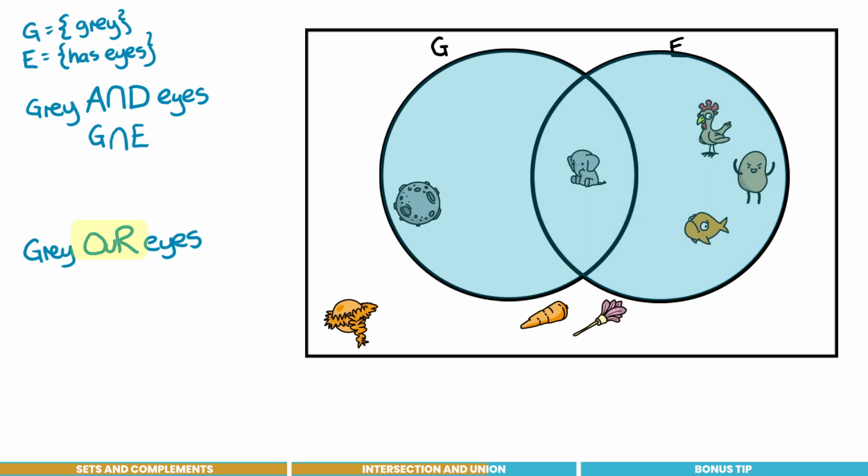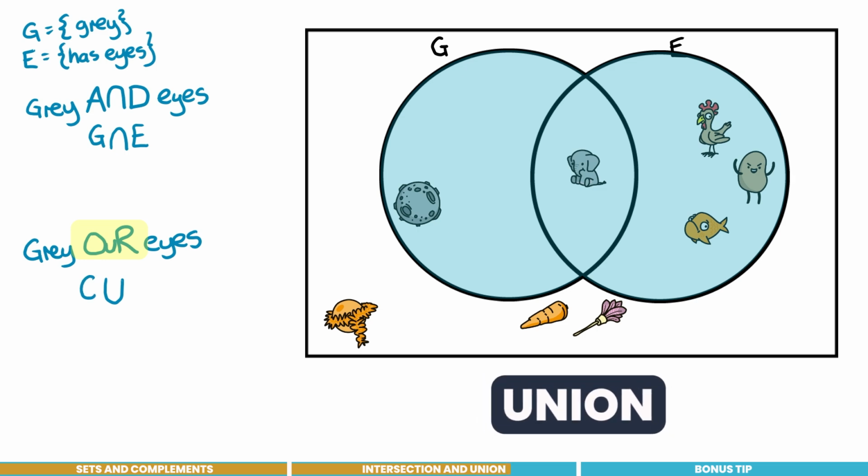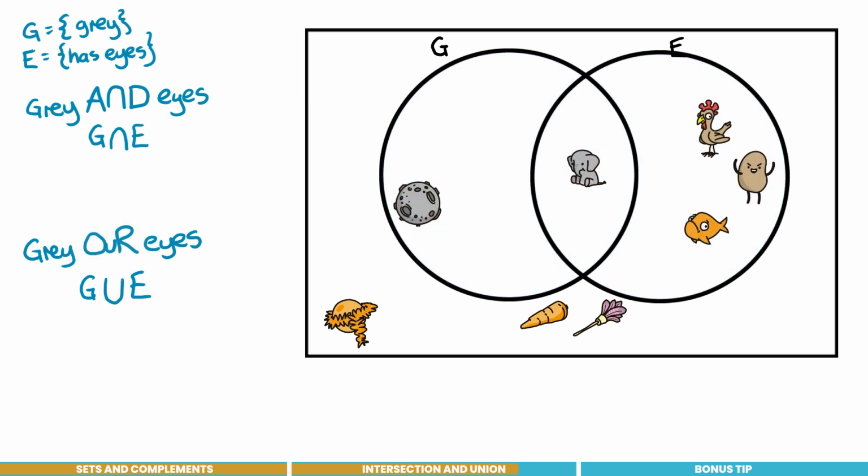Using our way of spelling "or" means that it's easier for us to remember the symbol for or. It's this, which looks like a capital U and reminds us that this area is called the union of G and E. So G and E is the intersection, which is this area here, and G or E is the union, which is this area here.